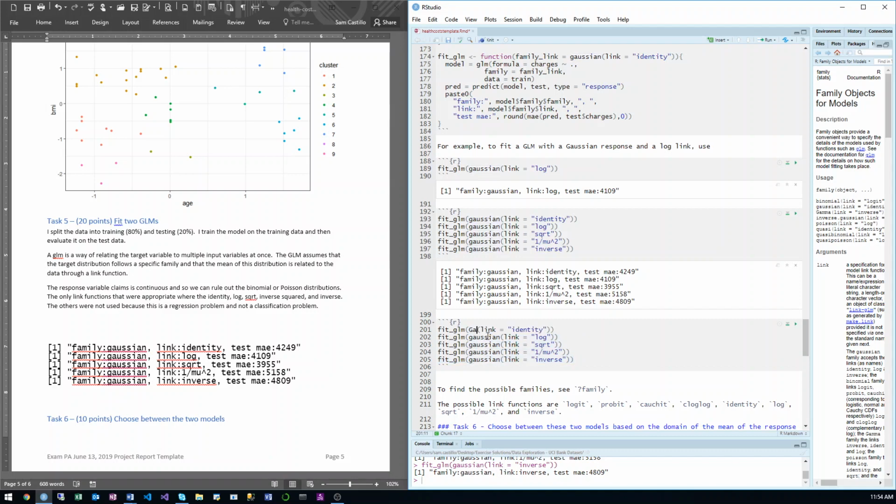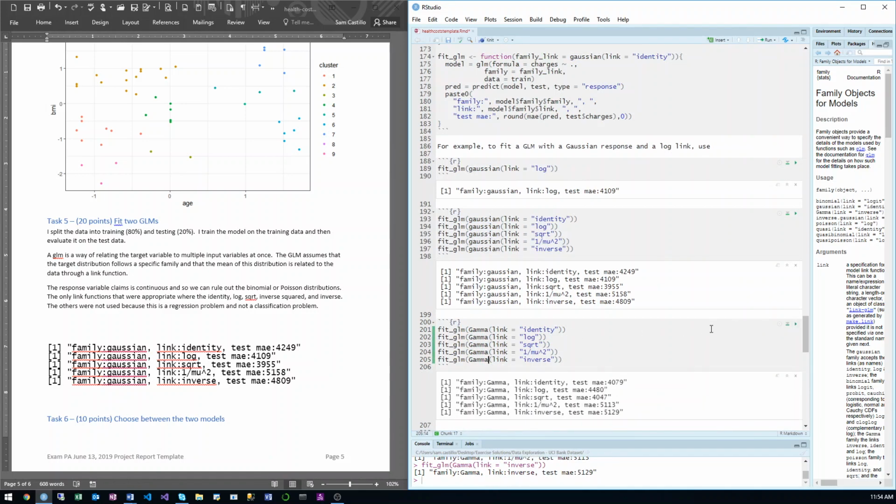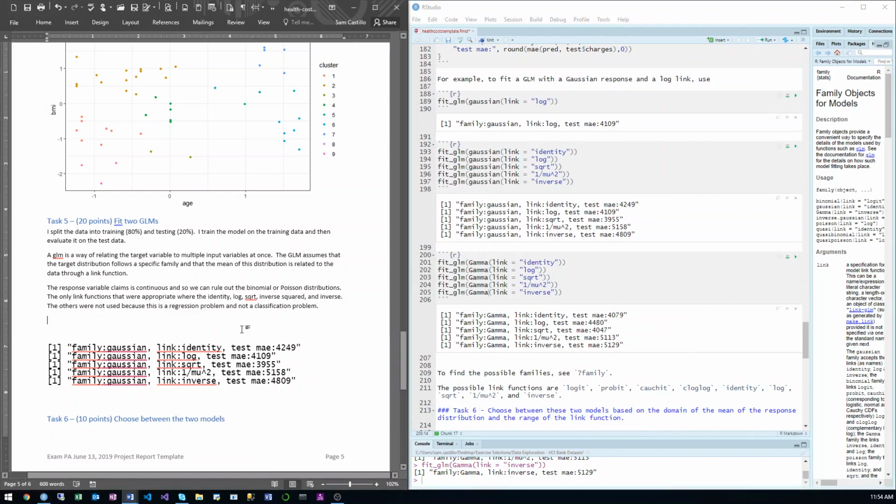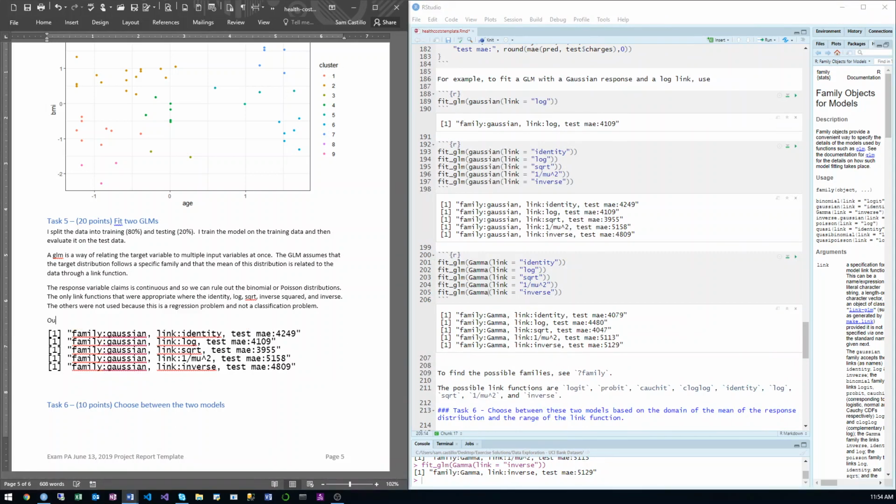Let's look at gamma. So out of all of the Gaussian models, the square root link provided the lowest error.